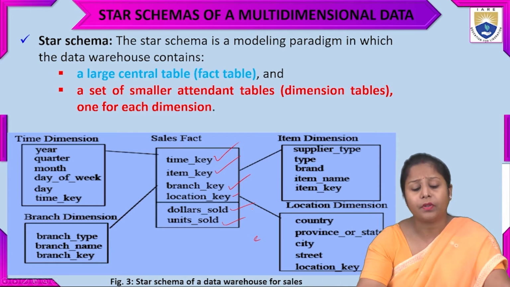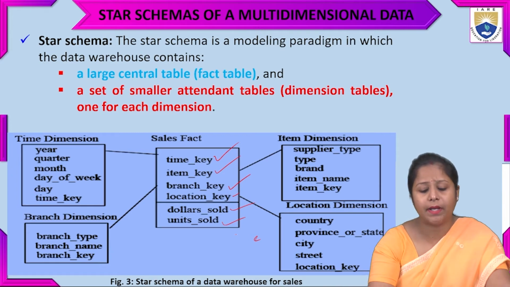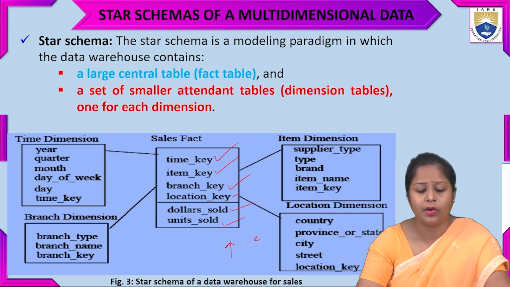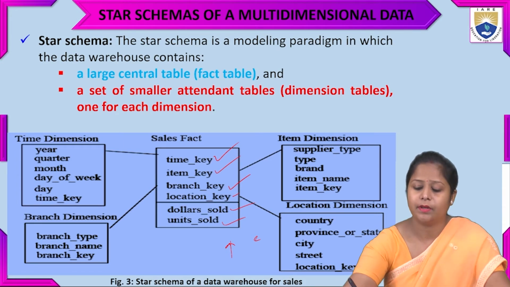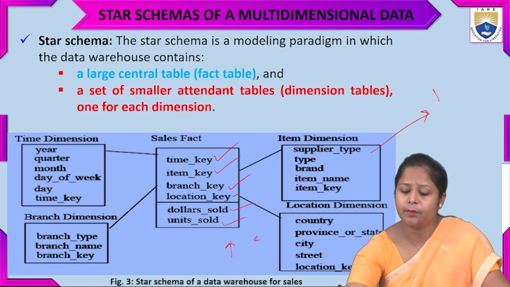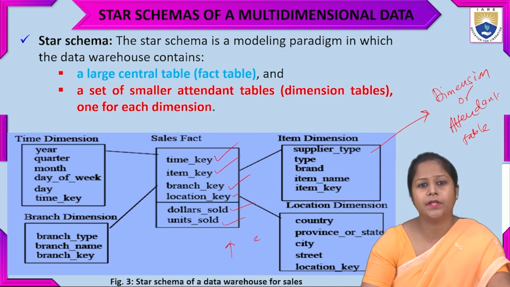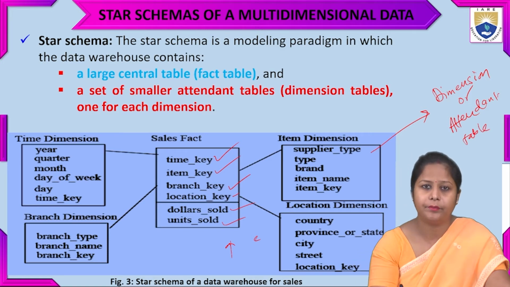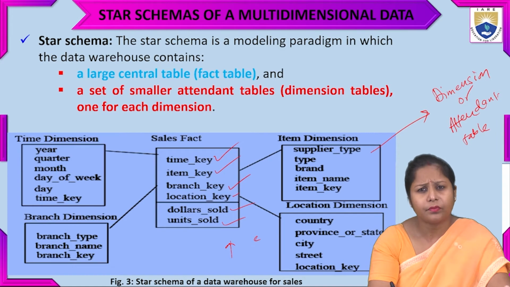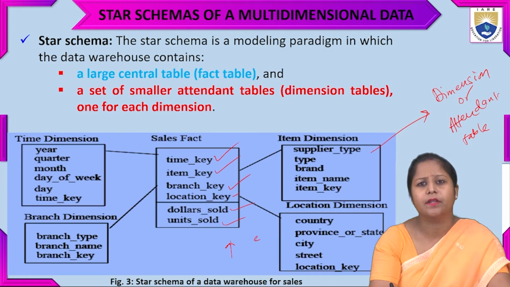Apart from that, it has a set of smaller attendant tables, or we can say dimension tables. Another name for the dimension table is attendant table. These are associated with the central fact table, one for each of the dimensions.